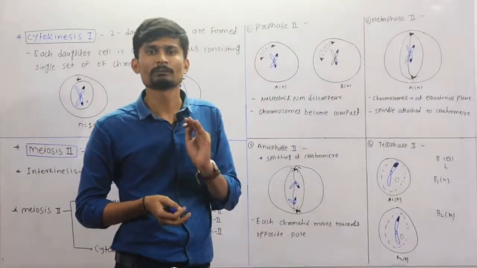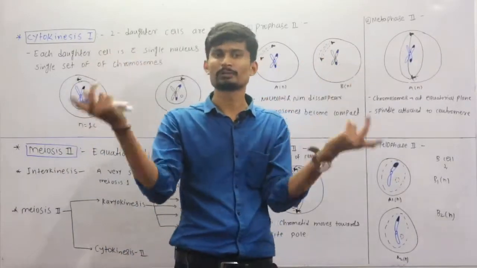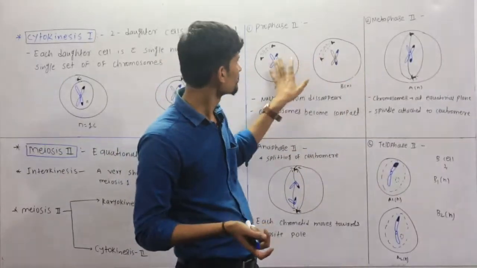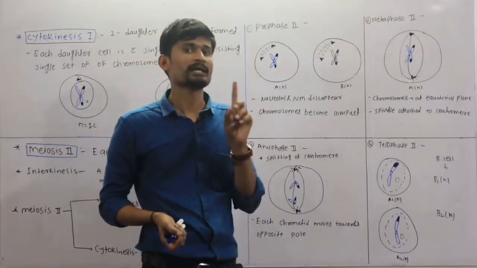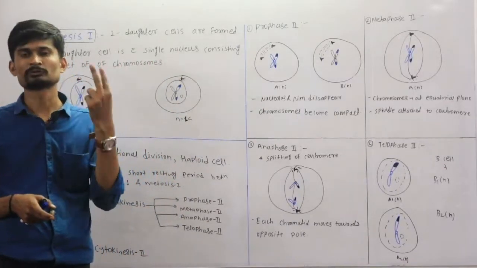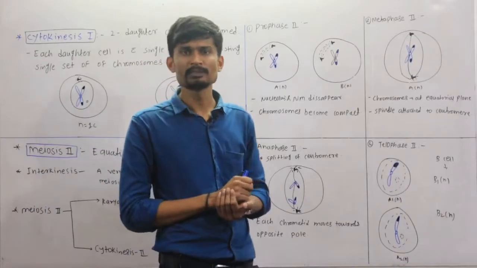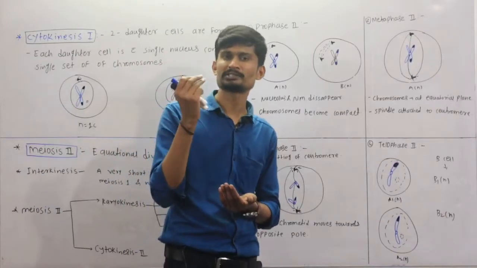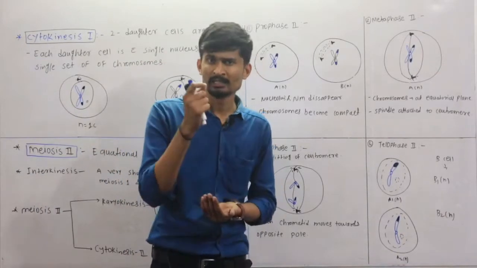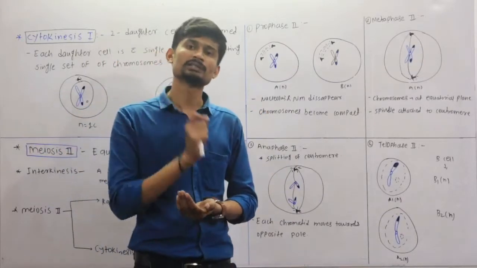After prophase there is metaphase second. The characteristic of metaphase is the alignment of the chromosomes at the equatorial plane. We are showing only one chromosome because we have taken 2 chromosomes as the diploid condition. But in human beings the diploid condition is 46 chromosomes, which means that in the haploid condition there will be 23 chromosomes.